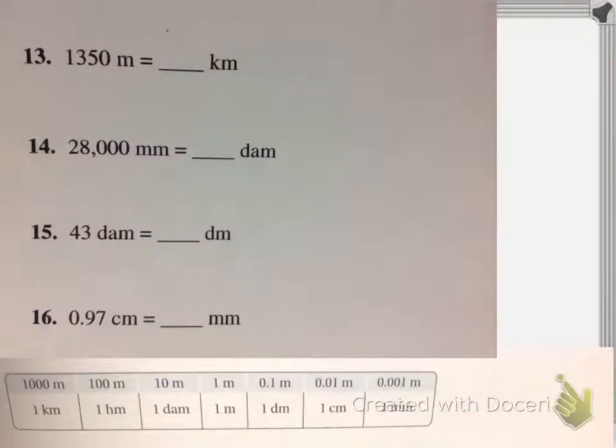Let's just do a few more. Let's do one that we're not so familiar with. How about number 15 here? We have 43 decameters equals how many decimeters? So if I set up my ratio, I'm going to have 43 decameters.